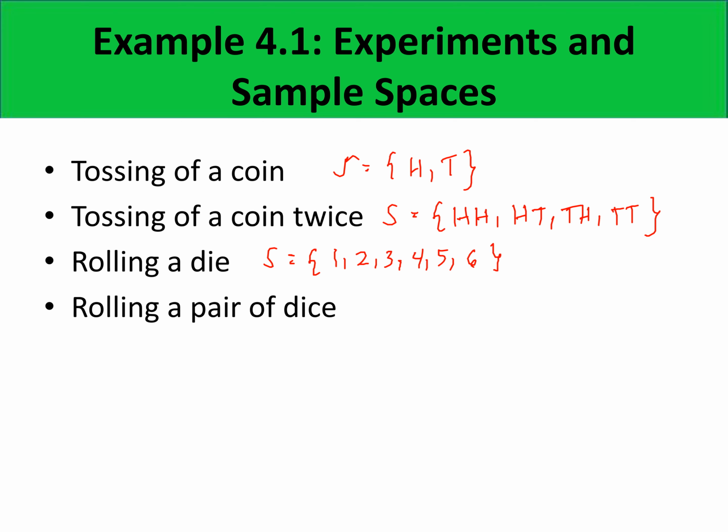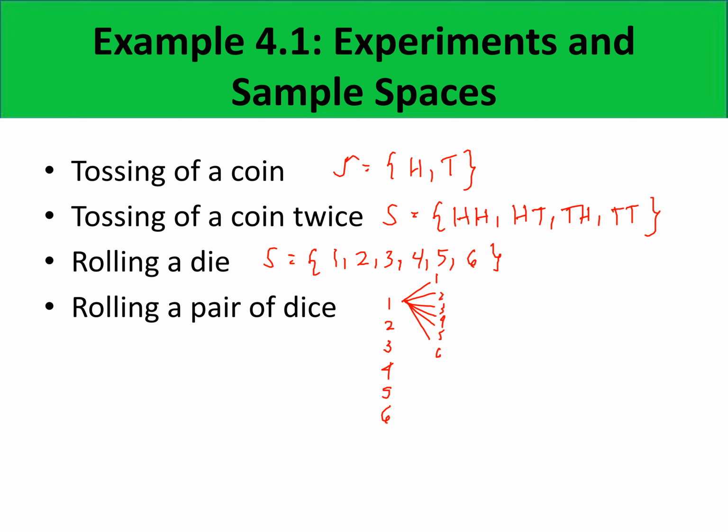Fourth example would be rolling a pair of dice, wherein the sample space would contain 36 possible outcomes, and the outcomes can be written using a tree diagram by listing down all the outcomes for the first die, and for each of these outcomes, this would branch out into 6 additional outcomes for the second die.